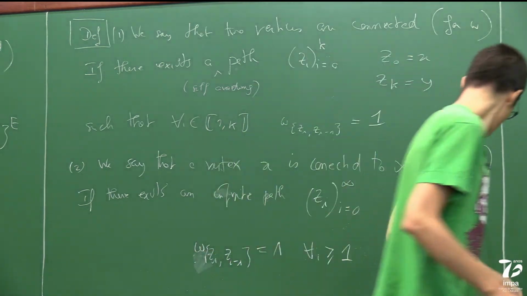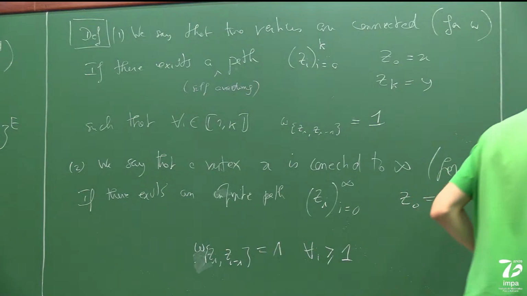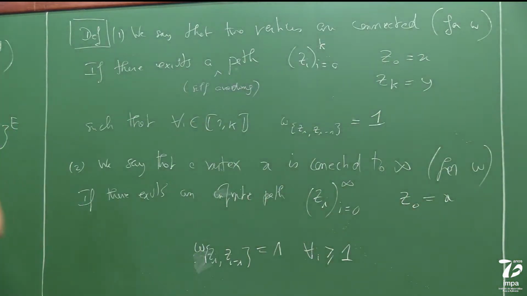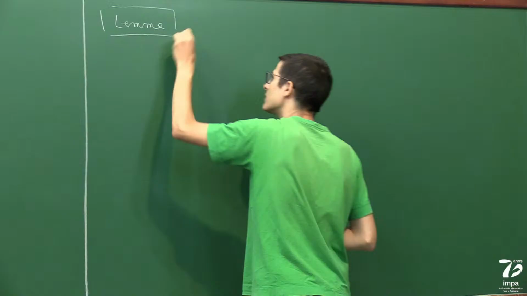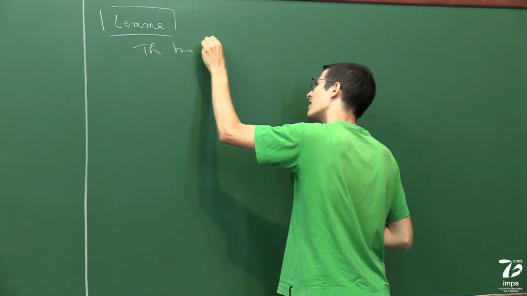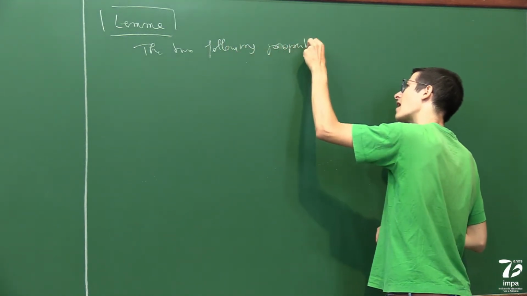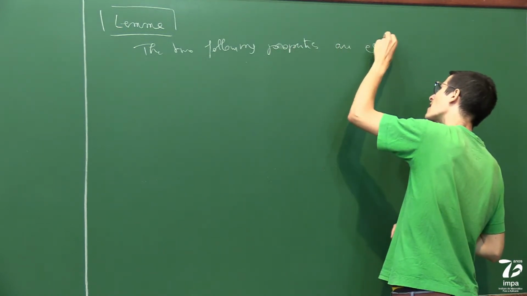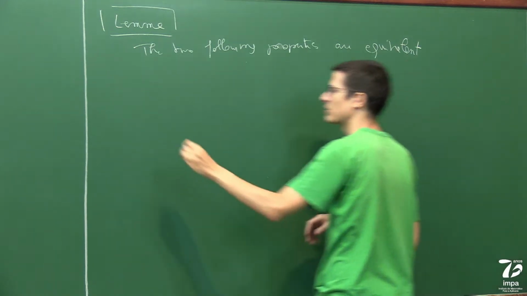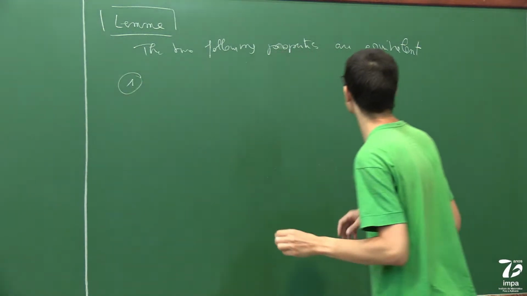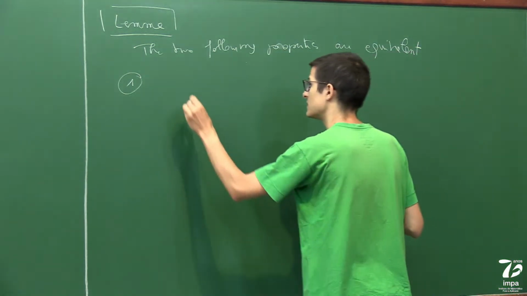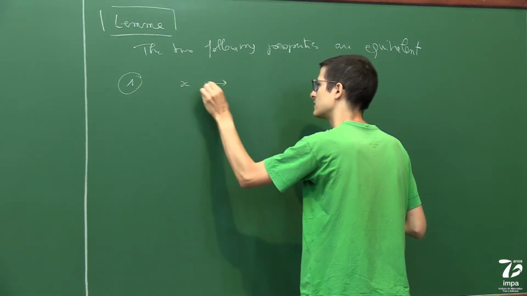Okay, so now I will just spend a few minutes on some technical details, but I think they might be important, and they are generally overlooked. So it's equivalent to say the following two things. The first thing is x is connected to infinity.